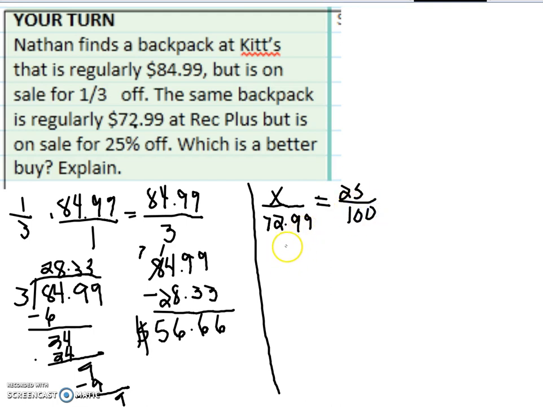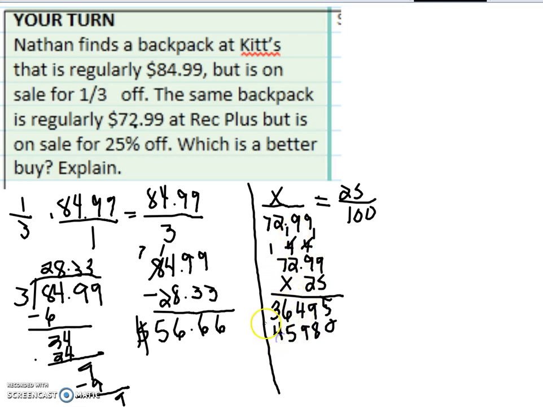So I'm going to do the cross product rule. $72.99 times 25. 5 times 9 is 45. 5 times 9 is 45, plus 4 is 49. 5 times 2 is 10, plus 4 is 14. 5 times 7 is 35, plus 1 is 36. Put a placeholder. 2 times 9 is 18. 2 times 9 is 18, plus 1 is 19. 2 times 2 is 4, plus 1 is 5. 2 times 7 is 14.